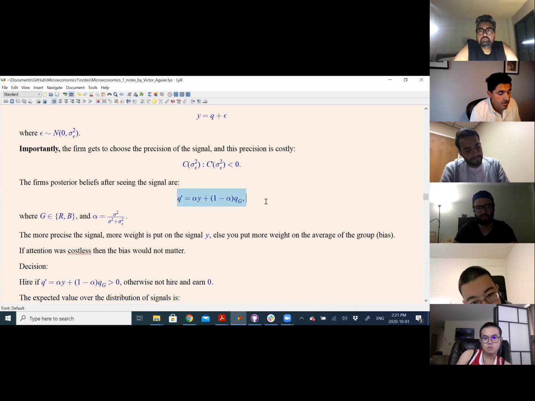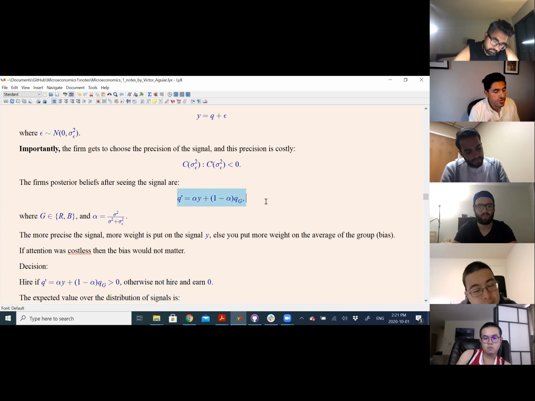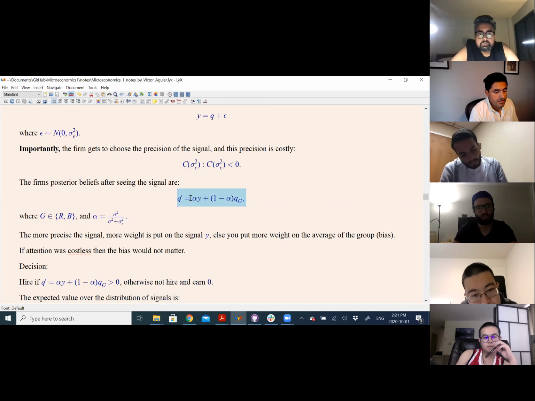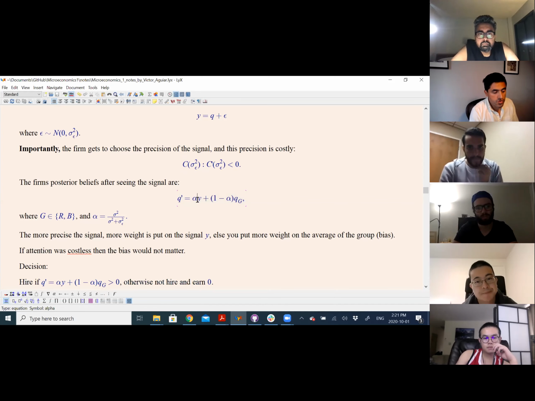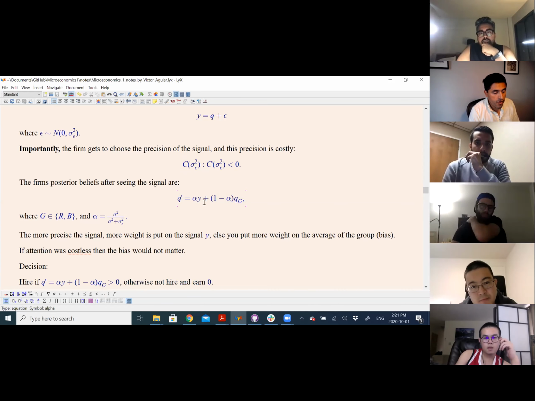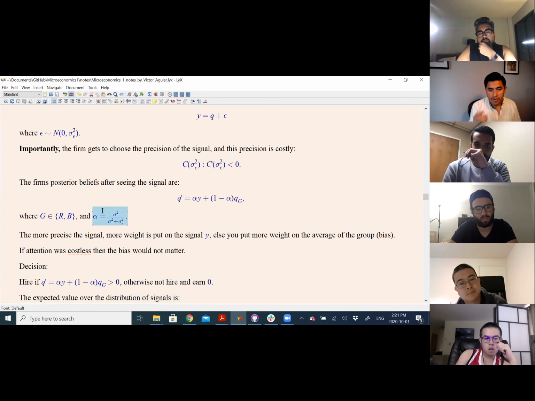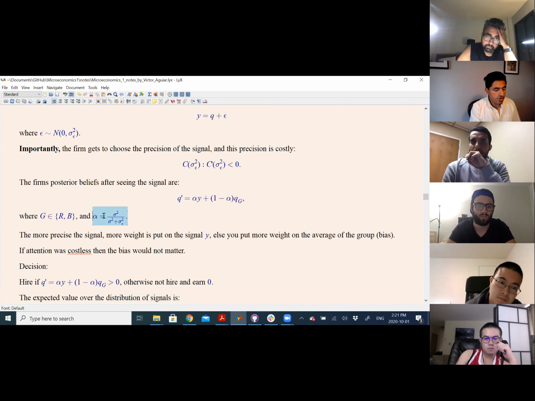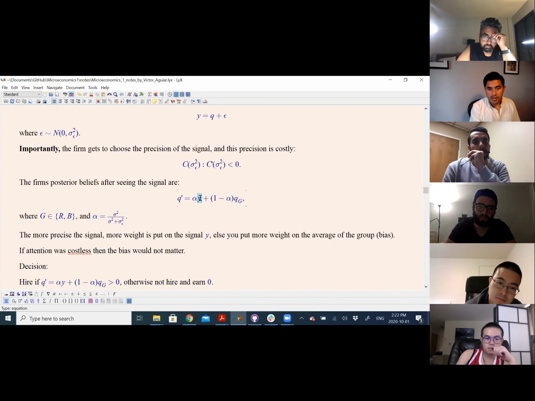The important thing is this. What is the posterior belief after the firm sees a signal? They get this Q prime, which is the conditional expectation of the quality given the signal. This is alpha Y plus (1 minus alpha) Q_g, which is what we derived before. This is the Bayesian updating with Gaussians, where you take the mean and move it towards the signal with this shading parameter, which is alpha.